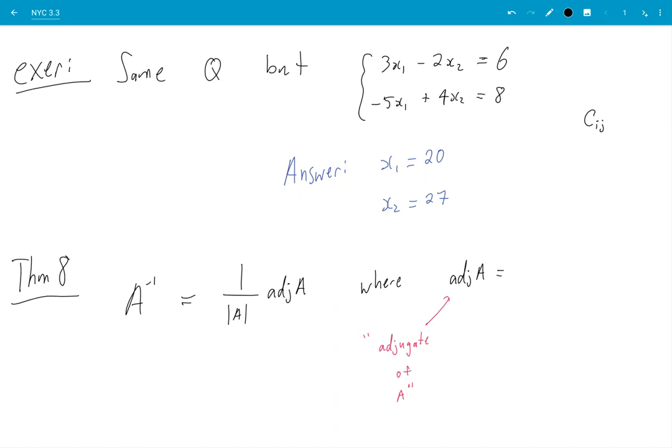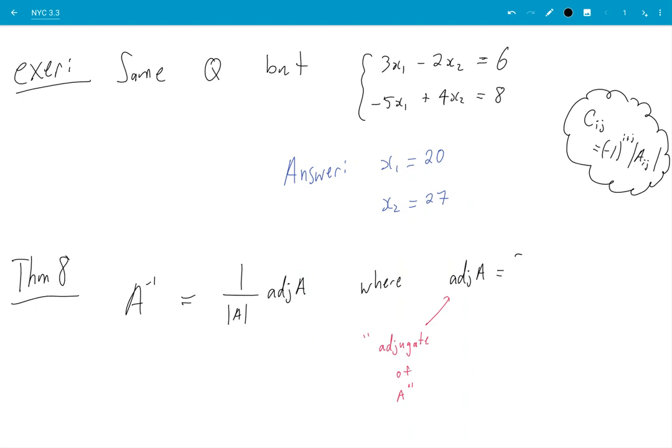So what is Cij? Cij is (-1)^(i+j) times this smaller determinant, right? So we're going to use that to define our adjugate.